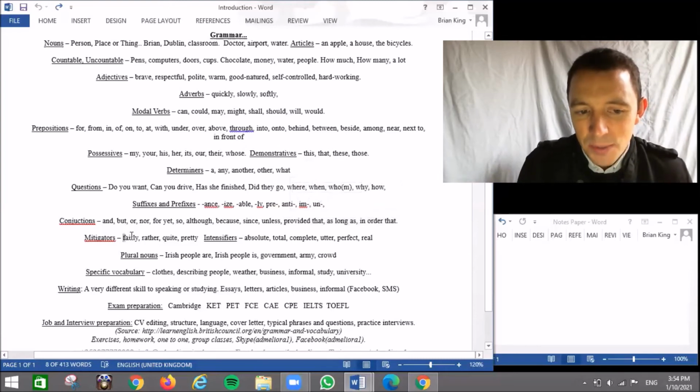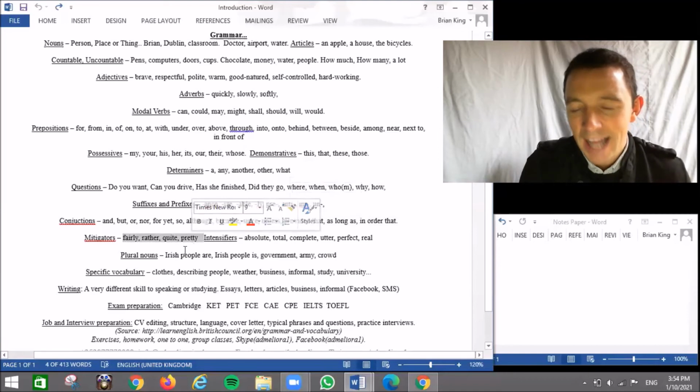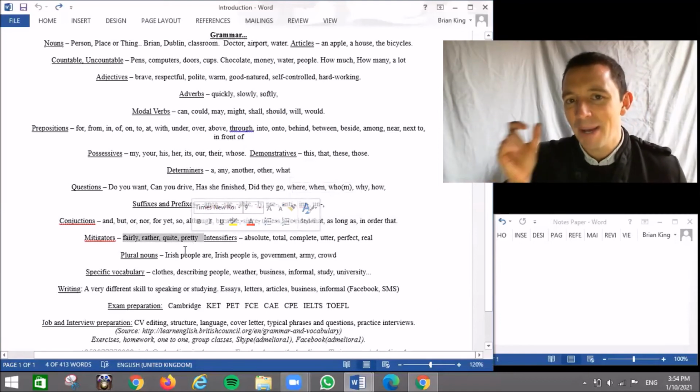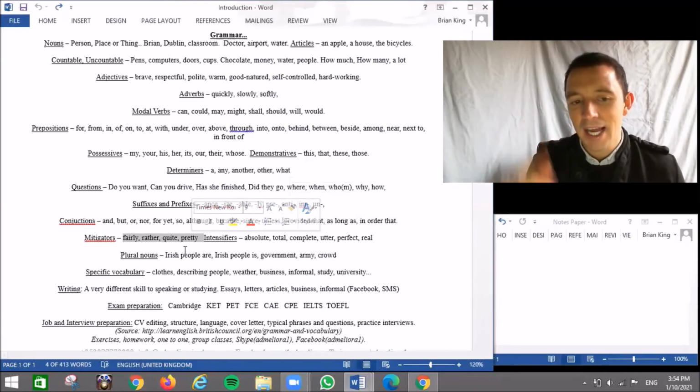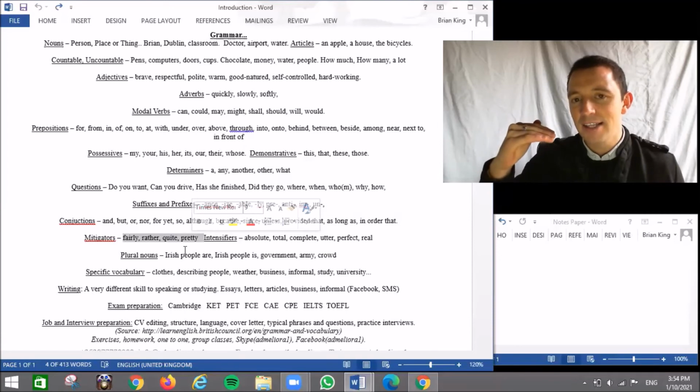Mitigators. So, antes del sustantivo: fairly, rather, quite, pretty. Significado, bastante. Por ejemplo, antes del adjetivo: fairly happy, rather happy, quite happy, pretty happy, es el nivel aquí.